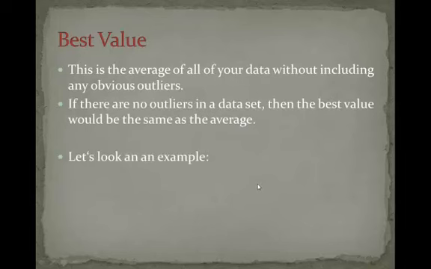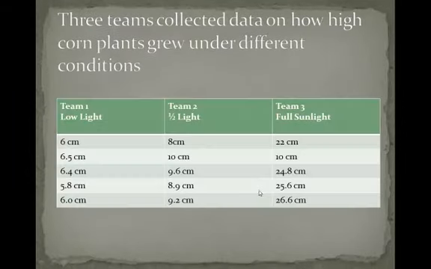Let's take a look at an example. What we have here is three teams of kids who collected data on how high corn plants grow under different light conditions. Team 1 grew corn plants in low light conditions, and you can see their data here in the 6 centimeter range. Team 2 grew theirs in half light conditions, and their values are anywhere between 8 and looks like 10 centimeters, with some 9s and 8.9s and things like that in the middle.